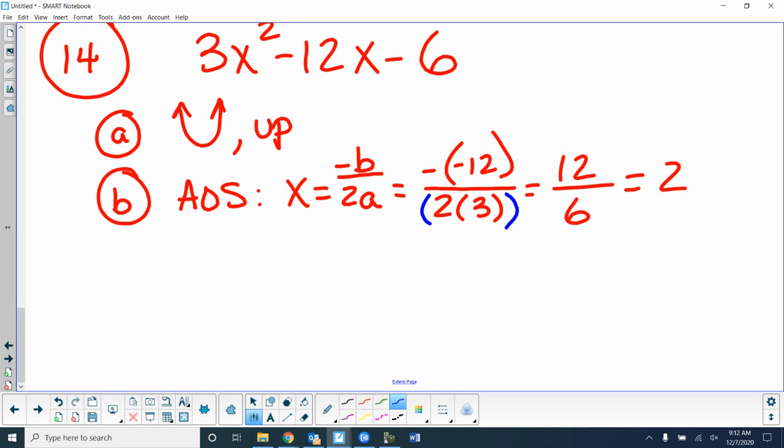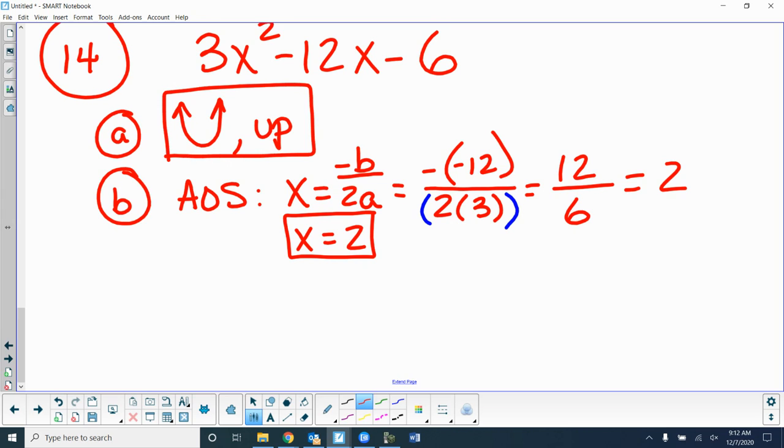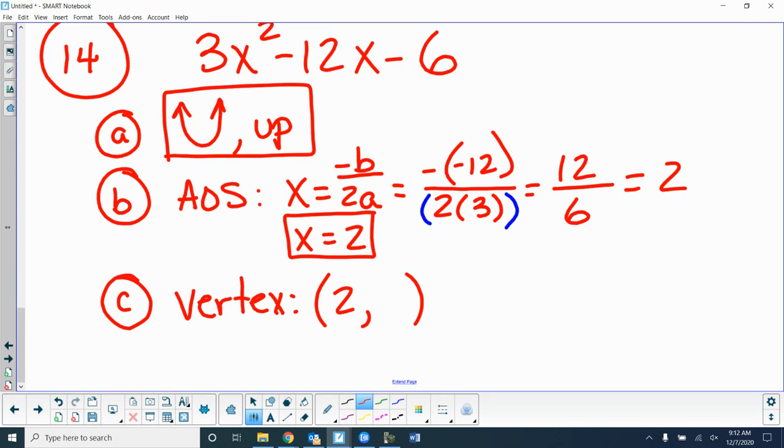So, this axis of symmetry is x equals 2. It's an equation. All right? So, there's 2 answers. The third answer is the vertex. You already got the x value of the vertex. To find the y value, you plug in, like we did on that first problem, to find min or maximum value. This would be a minimum value, right?